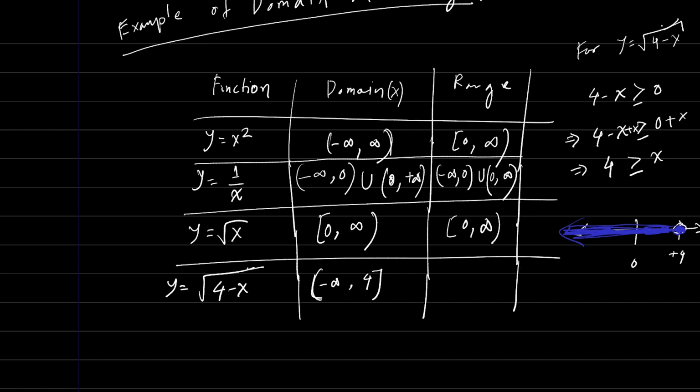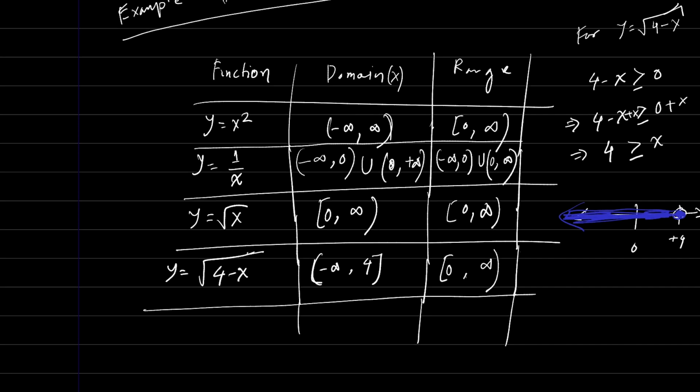And the range, as we have seen previously, always goes from 0 up to infinity. Can this be infinity? I guess if we take a really negative number, this can go.